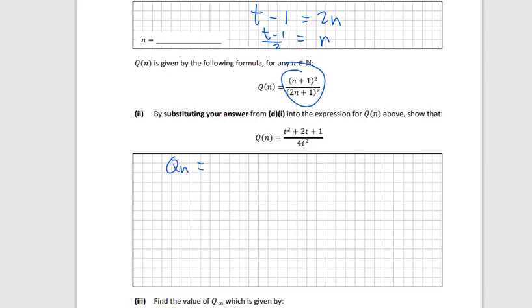So q of n is equal to (t minus 1 over 2 plus 1) all squared over (2 times t minus 1 over 2 plus 1) all squared.